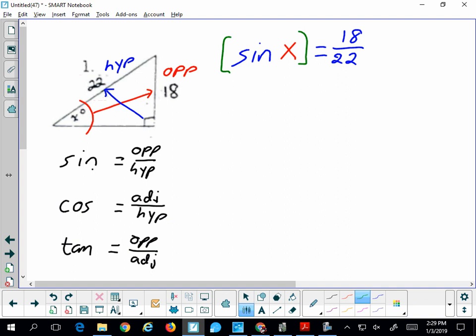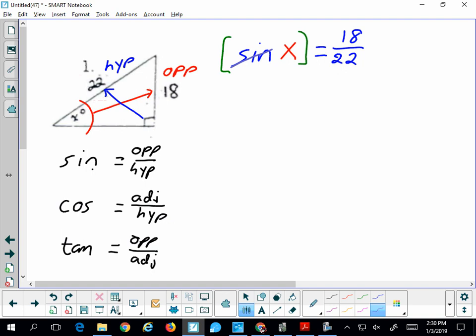So what I have to do in this problem is isolate the x. I have to get x, or my variable, by itself. Well, to do that, I somehow have to cancel this sine right here. That's the only way I can isolate that x. I have to get it away from that trig function.